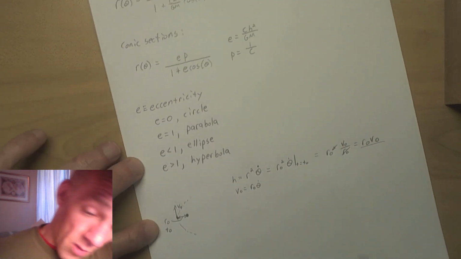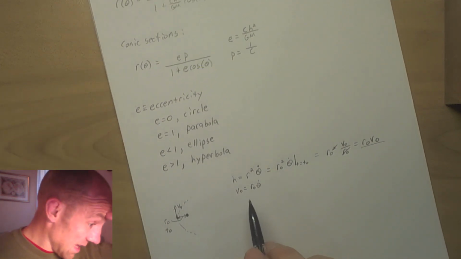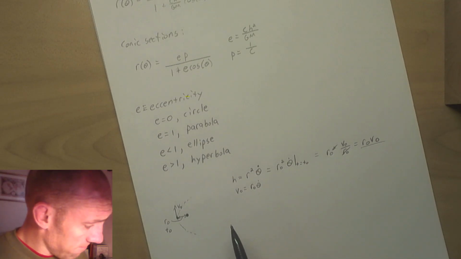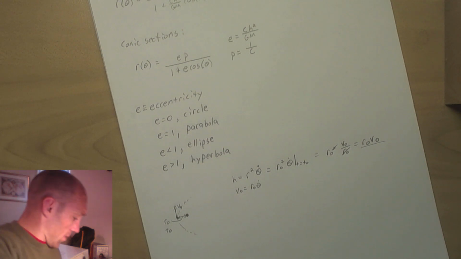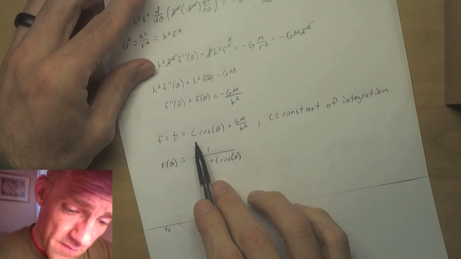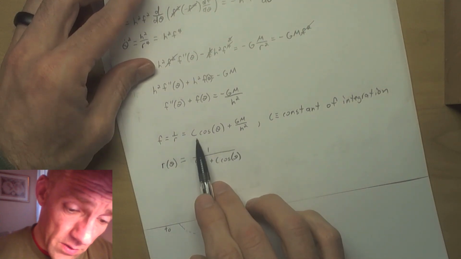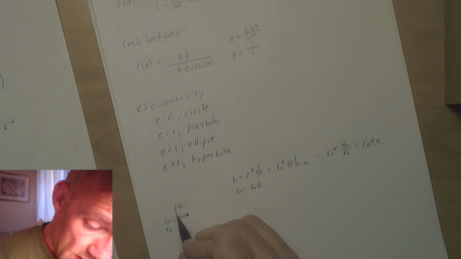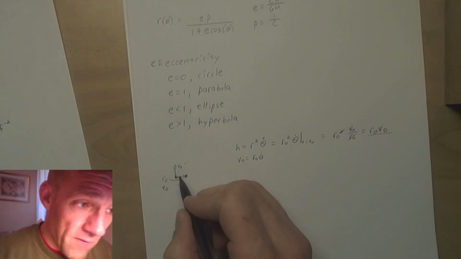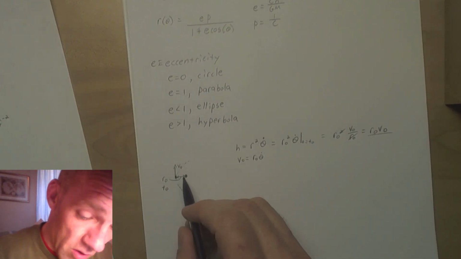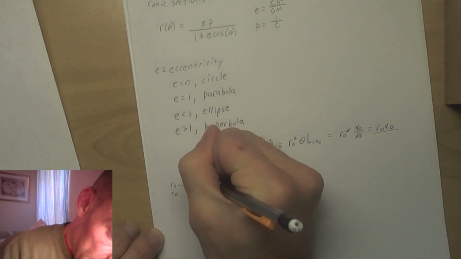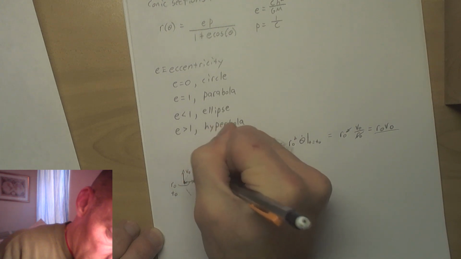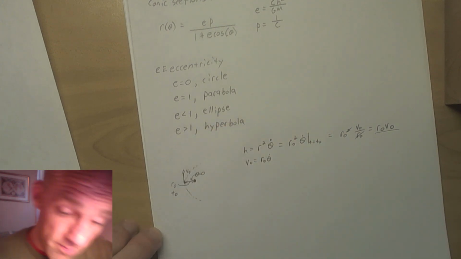All right. Now what about C? C is defined here. We're going to take this point of closest approach to define the situation where theta equals 0. Okay? So this will be theta equal to 0.